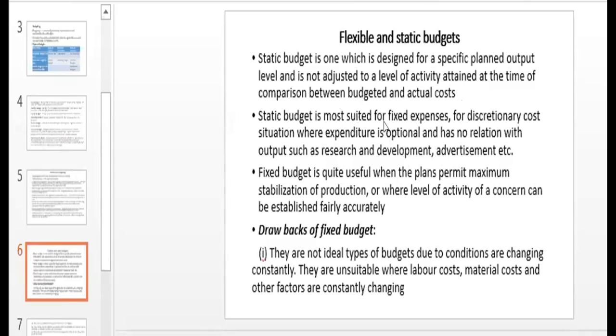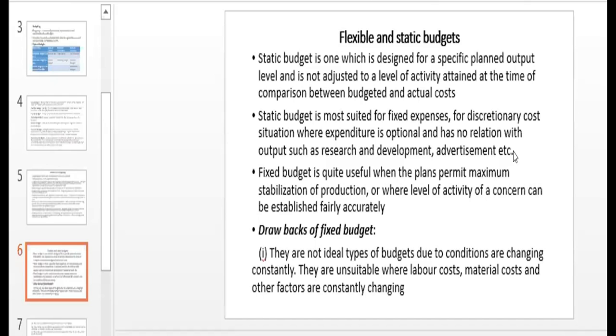Now, static budget is most suited for fixed expenses or discretionary cost situations where expenditure is optional and has no relation with output, such as research and development, advertisement, etc. Most of these static budgets deal with long-term benefits expenditures that will call for benefits to be realized after a long time. For example, advertisement. You cannot measure the benefits of advertisement until the product is in the market, and after some time, that's when you realize the benefit.